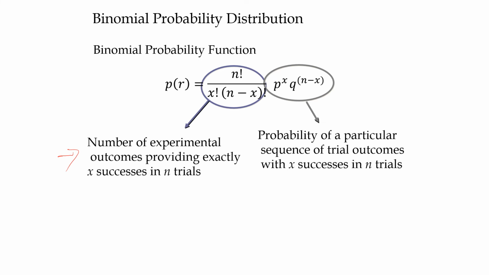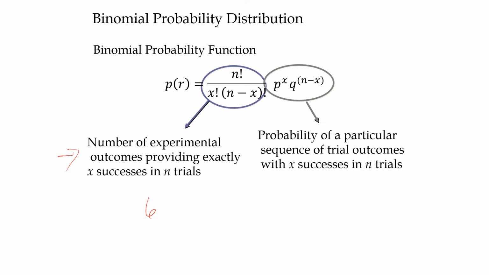You can rewind the video, go back to it, and see that we had exactly 6 cases where 2 heads was possible on 4 flips of the coin. That's why the number over here was 6 on the previous slide, because there were 6 outcomes that provided that many successes on 4 trials, 2 successes on 4 trials.